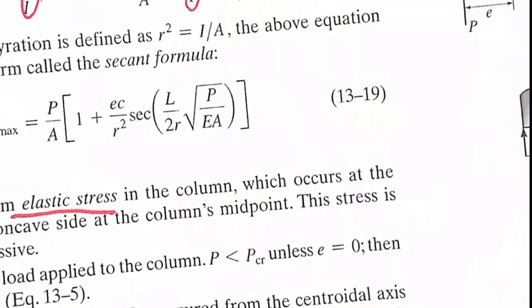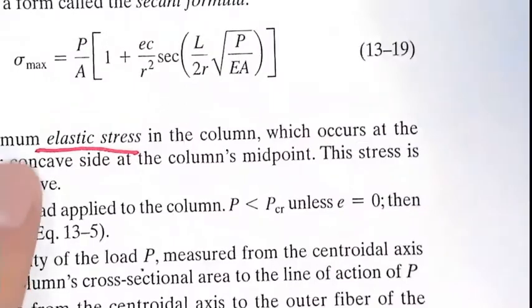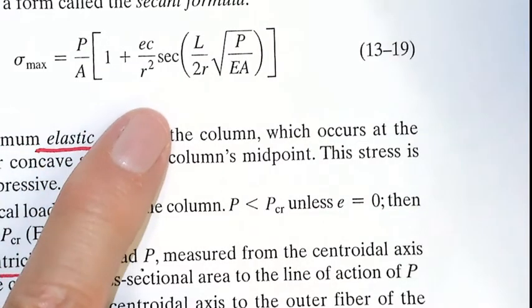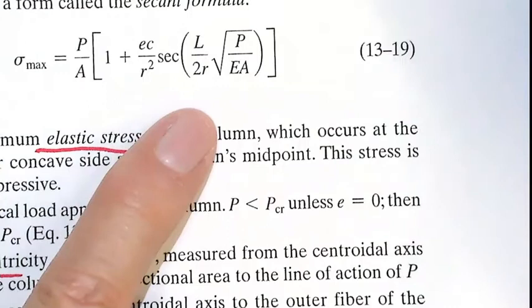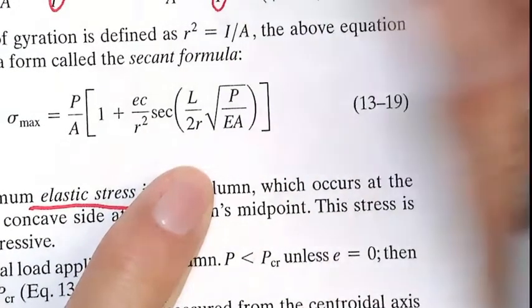So what we get actually is as follows: e c over r squared, secant of, and here pay attention, P over EI times L over 2 is the argument.